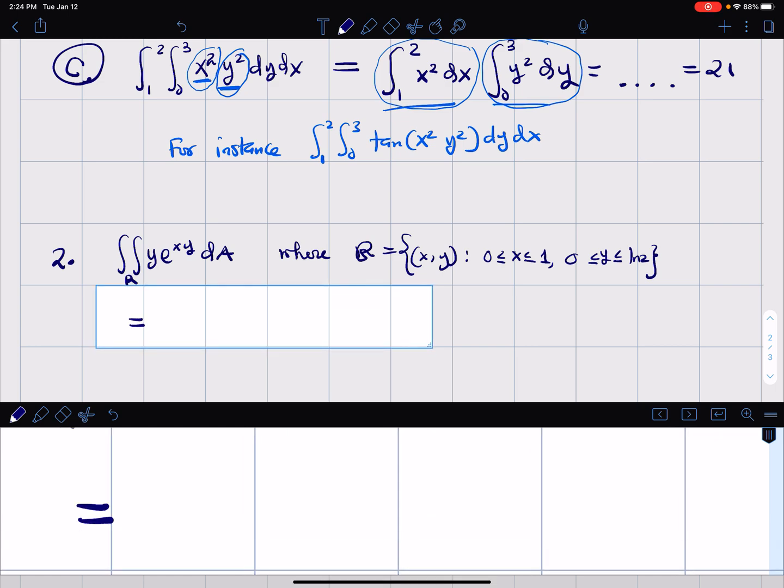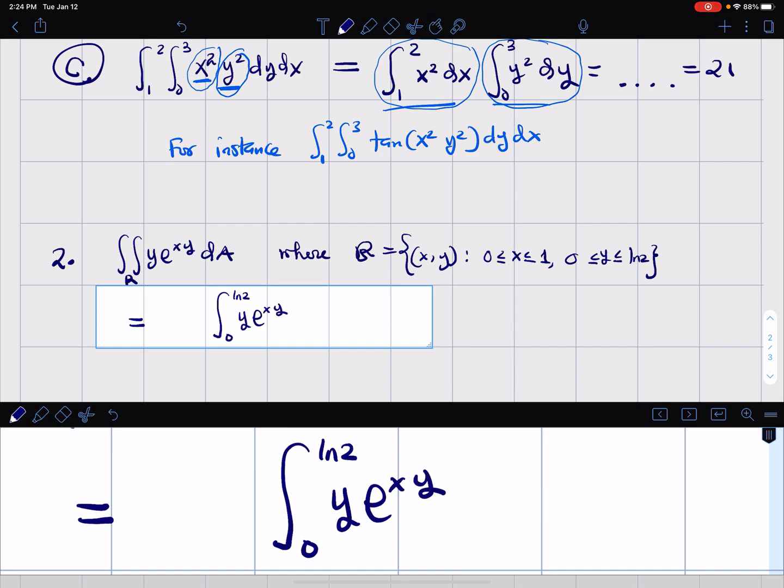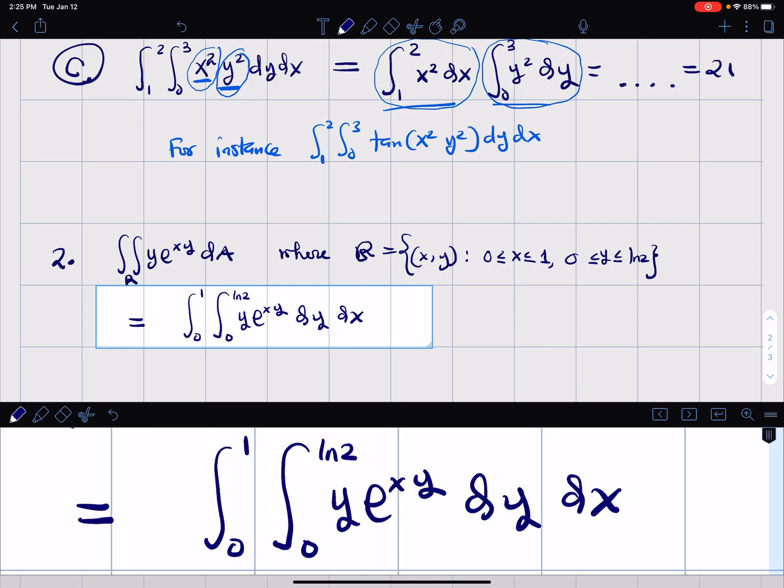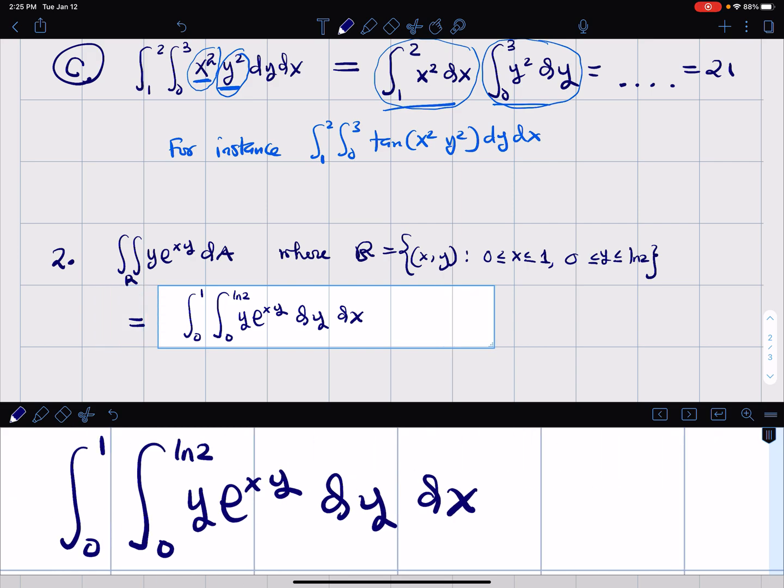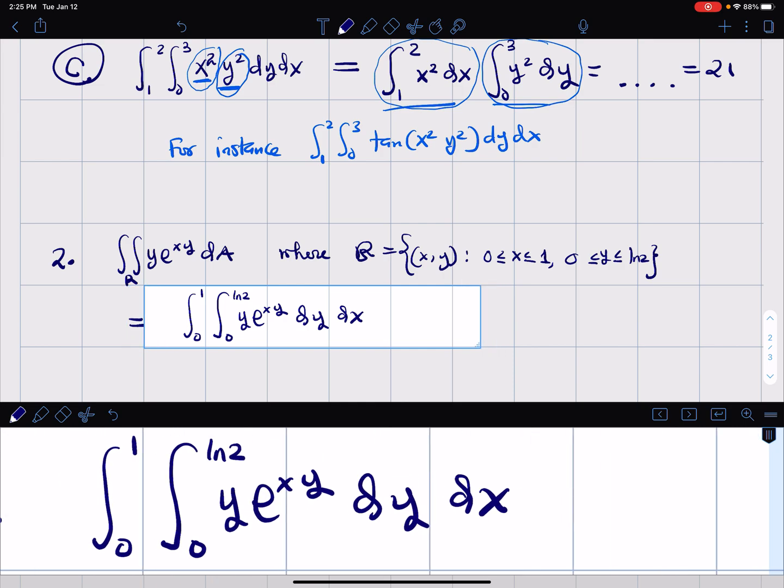We're going to be looking for easy ways to do our problem. So assuming I start with the integral from 0 to natural log of 2 of y e to the xy dy, and then 0 to 1 of dx. Okay, now see, we have y e to the xy dy.